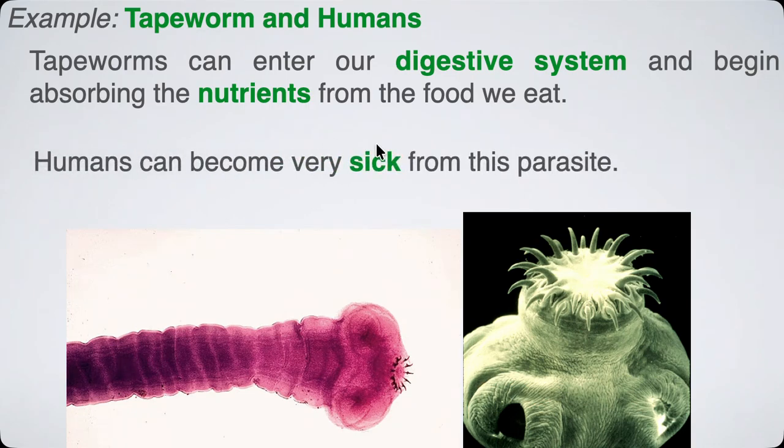And we can become very sick from this parasite. So we are harmed by it. The tapeworm gets essentially a free meal for a very, very, very long time. Also, eventually, when they need to reproduce, they will lay some eggs, and that will just kind of go into our poop. And they'll hopefully find another host for their babies.